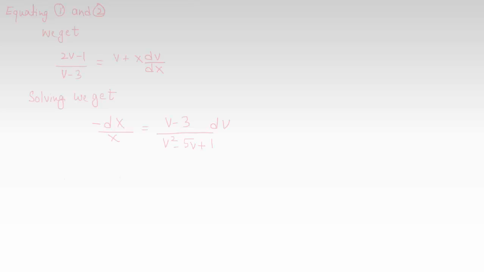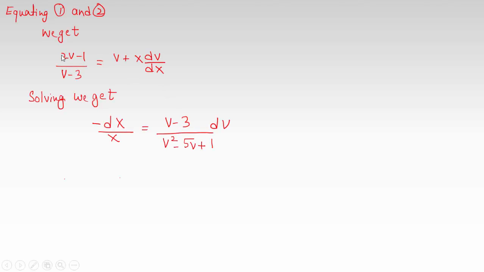So moving further, we equate both these equations 1 and 2. We get (2v - 1)/(v - 3) = v + x dv/dx. Now solving, we get -dx/x = (v - 3)/(v² - 5v + 1) dv. I am not solving it for you. You can do it at home. It is very easy, not so difficult. You should try it by yourself.